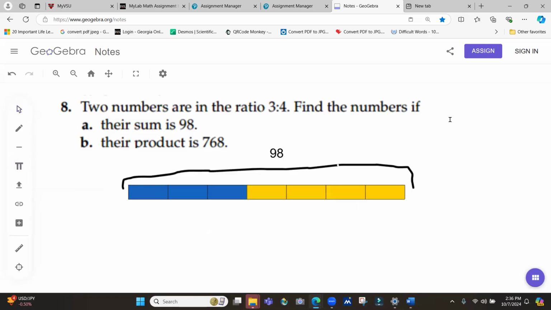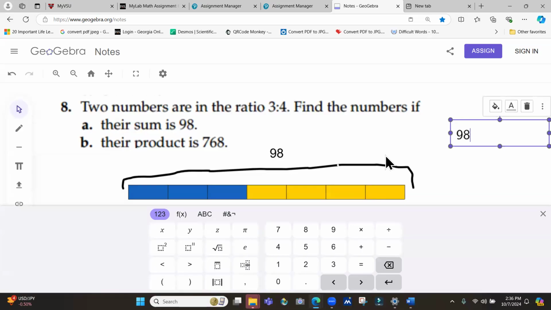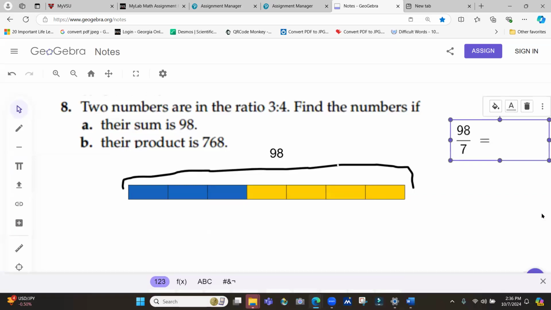You will say 98 divided by 7, and you'll get fractions if I'm not mistaken, and that's okay. The blue parts together represent a number, the yellow parts together represent a number.